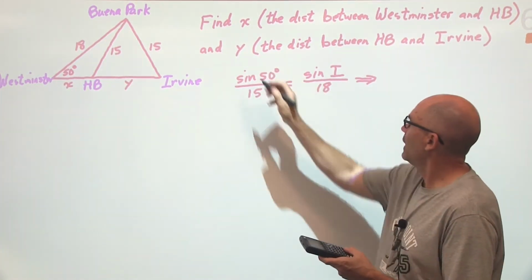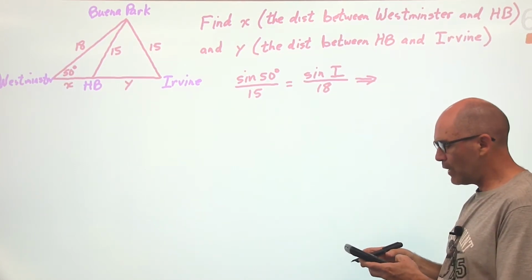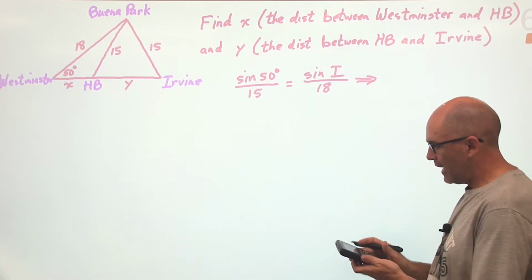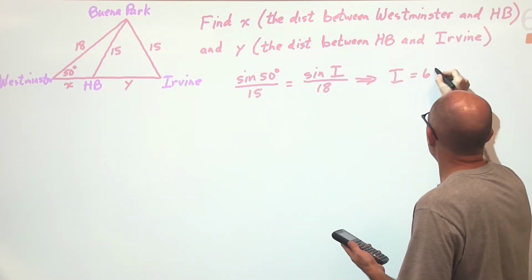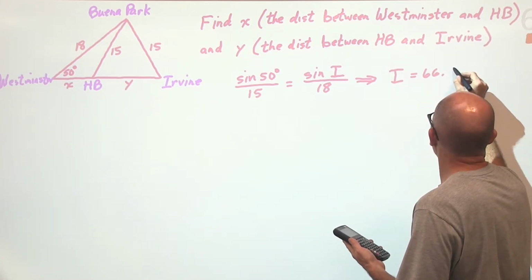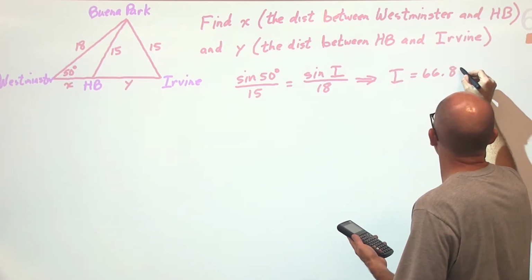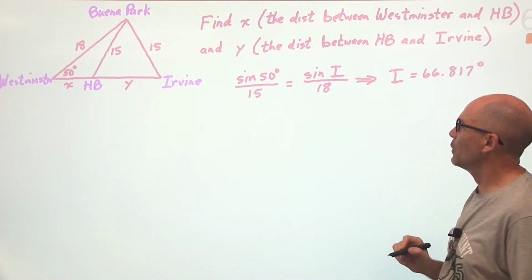So I just went that way. I divide by 15, and I get 0.919. Now I take the inverse sine of that, and so I turns out to be 66.8 degrees. Now let's just go 66.817, just to be a little more precise, because we're going to use that number.